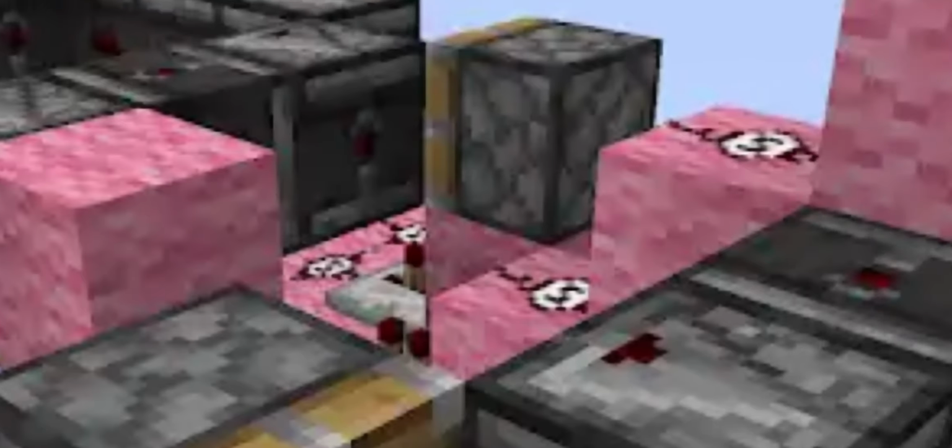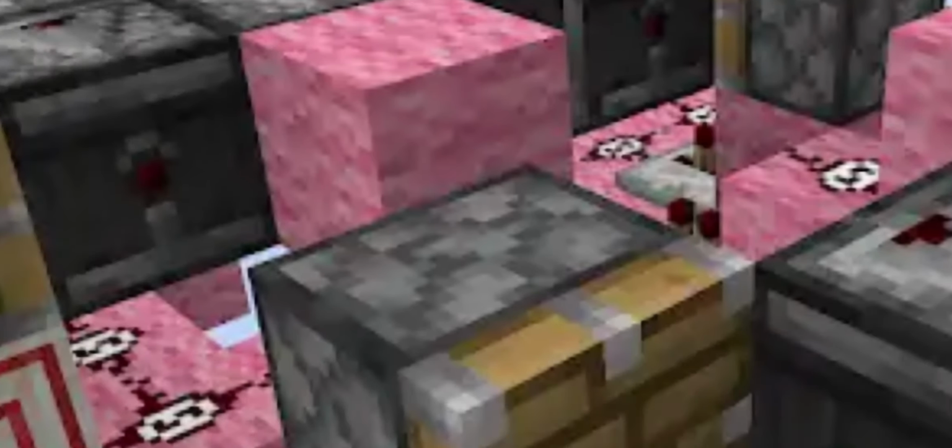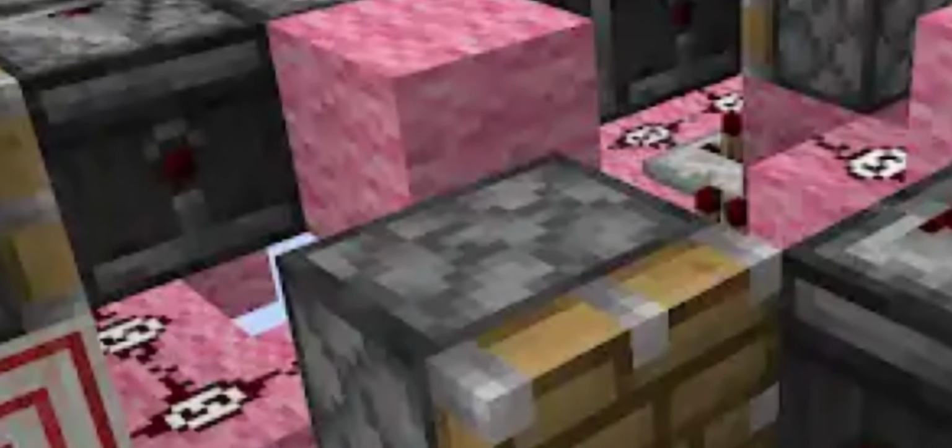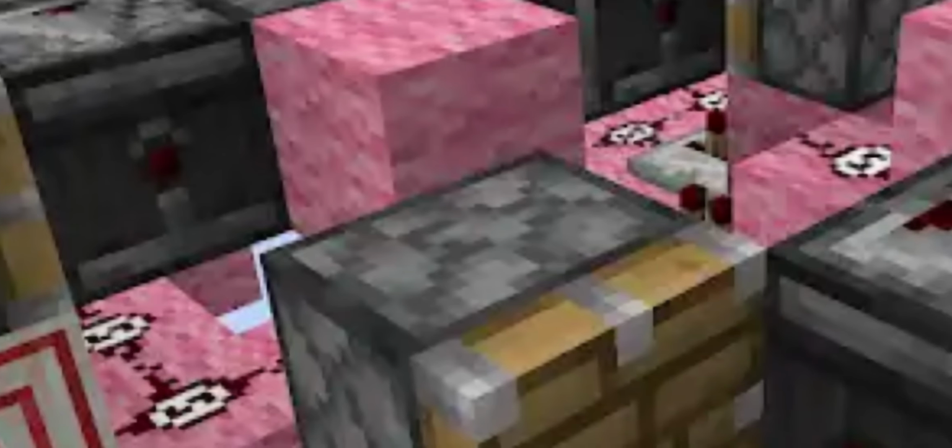Okay, so starting from the observer here, right below it there's redstone. No, right below it there is redstone dust. Downwards redstone dust, sideways redstone dust. I assume it is fair to assume that. No. Is it? Yes, it is fair to assume that.